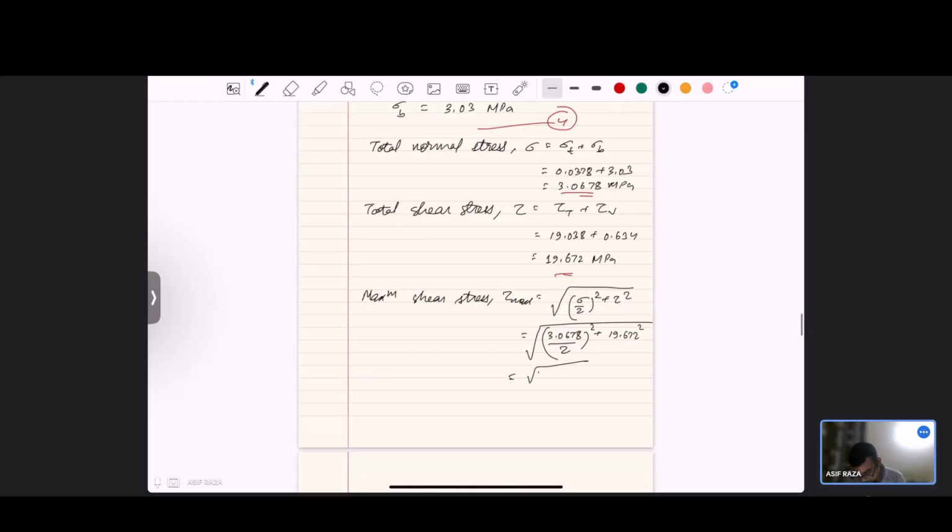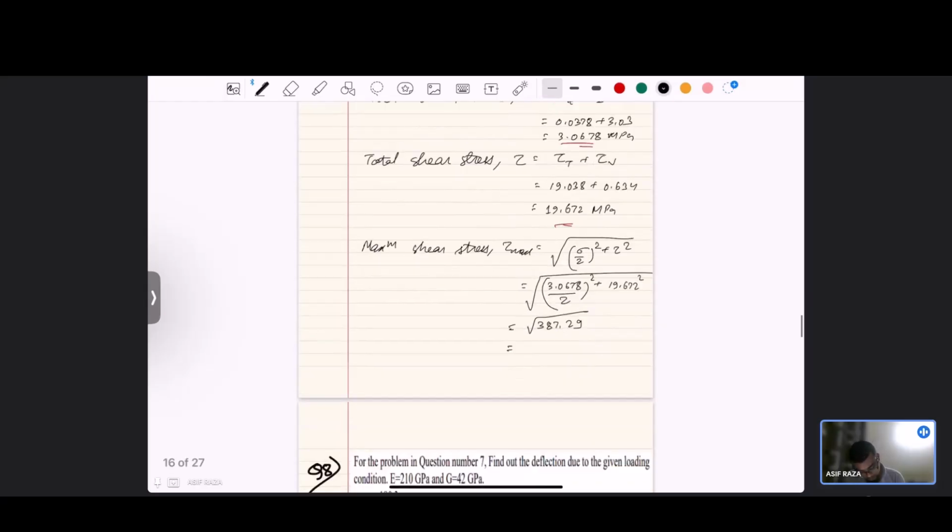This is equal to 387.219, so this comes around 19.68 megapascal.